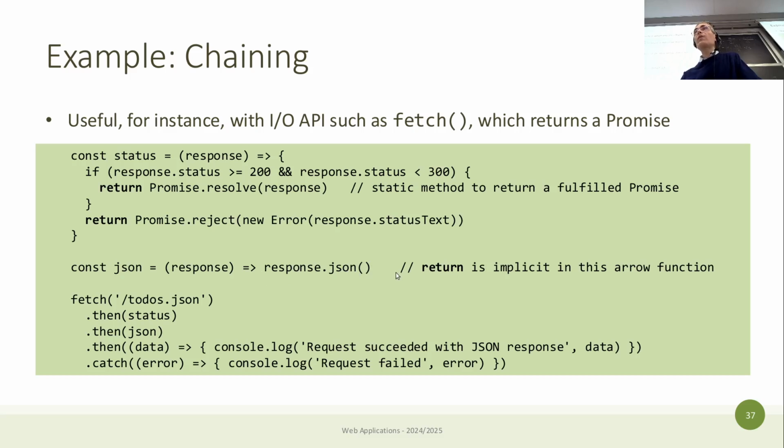Remember, this is an arrow function. In the previous one, we opened the bracket, so we had to use the return keyword. Here, we didn't open any bracket, so the return value is the value of the expression response.json. Which actually you don't know, but there's a json method on the response that comes from the fetch, if you configured everything correctly, that returns a promise as well.